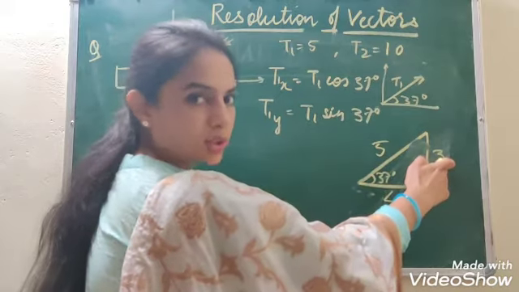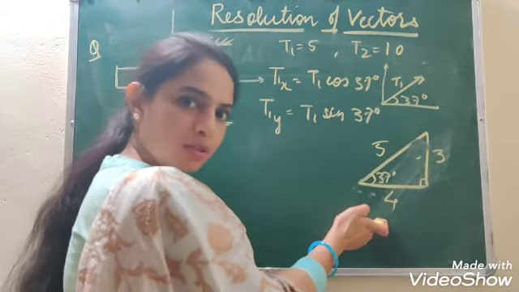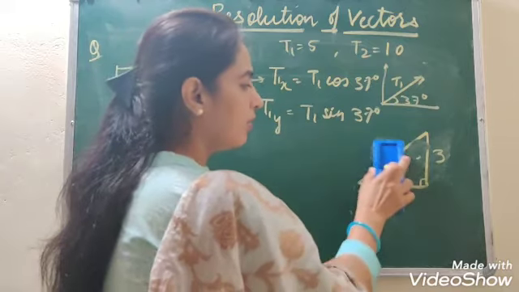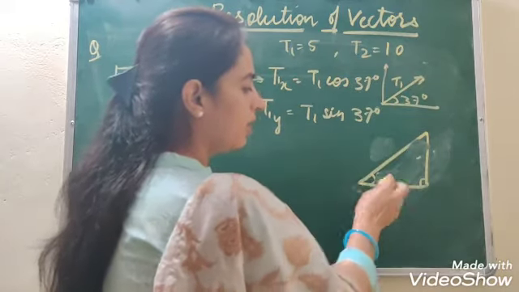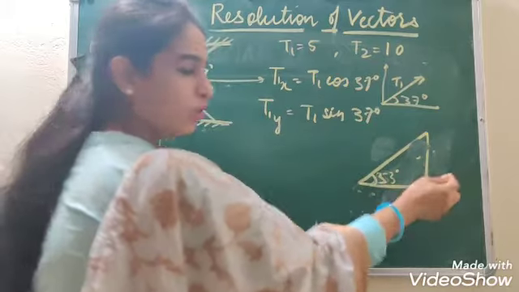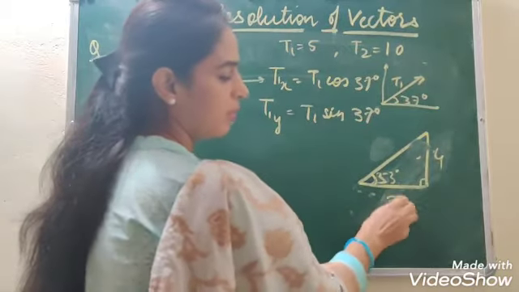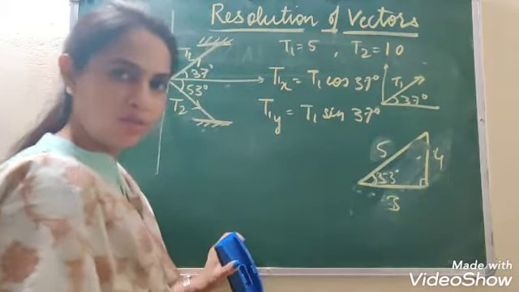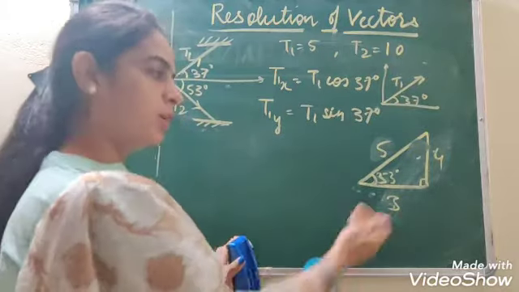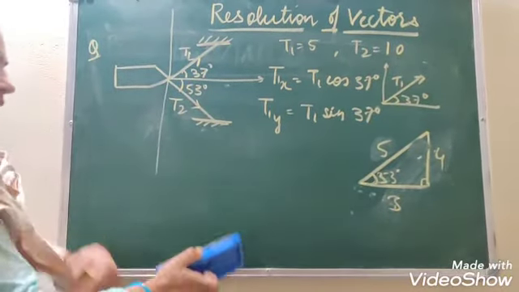Opposite to 37 is 3, so the next will be 4, and this is always 5. If you get 53 degree, then opposite to 53 is 4, this will be 3, and this will always be 5. Remember, 37, 3, 53, 4. The remaining will be either one.